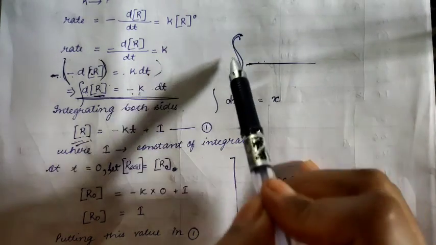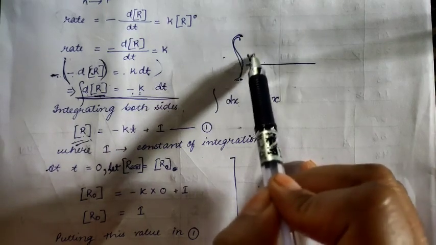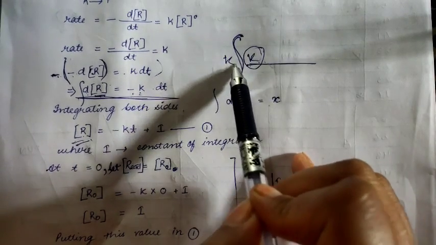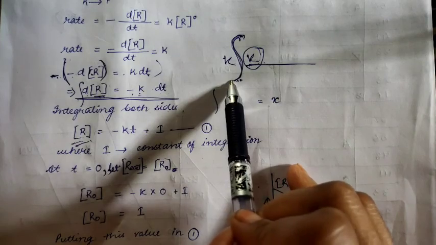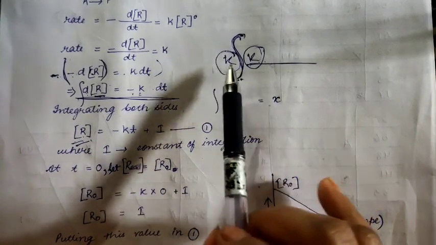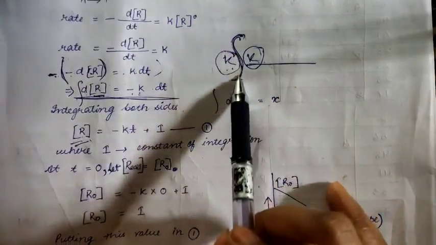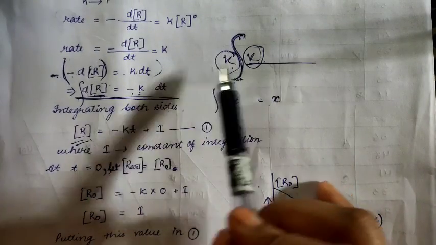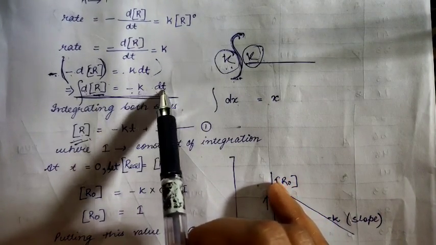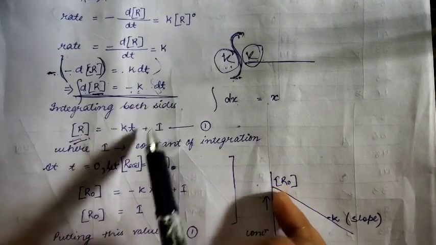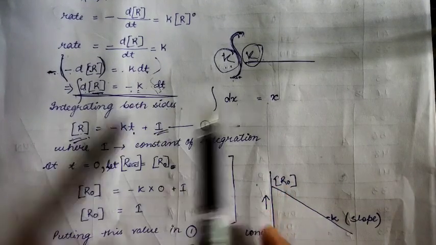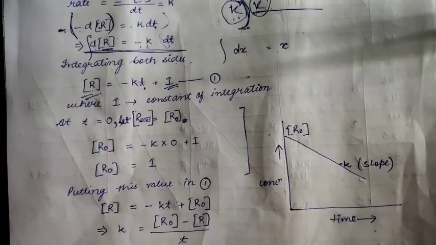Clear? So here K is a constant, so K will be outside. We are not integrating the things that are constant, so the constant will be outside the integration sign. And what is left here? dt. The integration of dt will be t. Clear? And I is an integration constant.